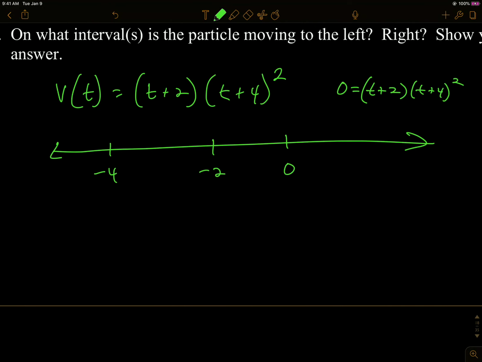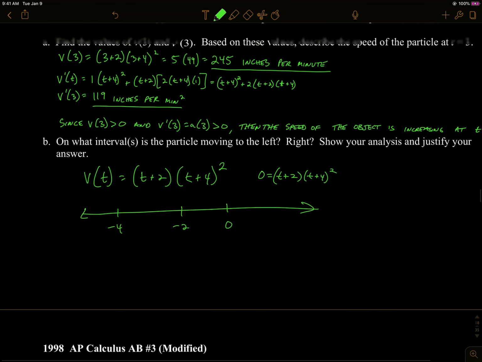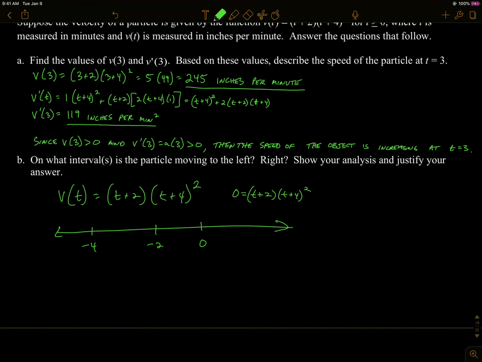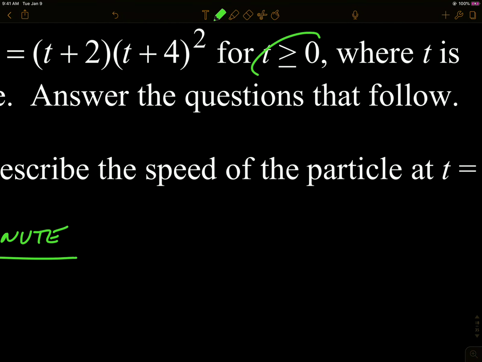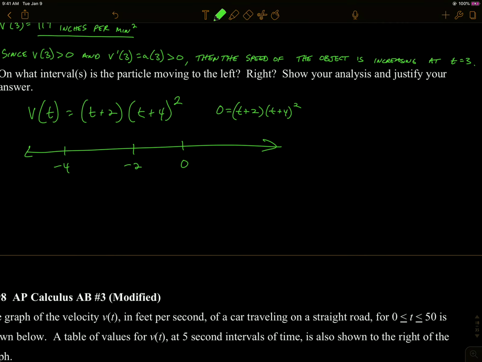And they gave us the interval, right? Time cannot be negative, so we're starting for all time bigger than or equal to 0. So really, we just have to test this interval right here with our velocity and find out if it's positive or if it's negative. If I plug in, say, 1 into my velocity function, I get a positive times a positive.